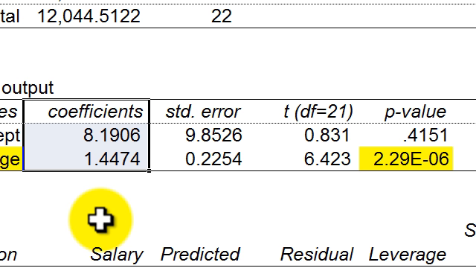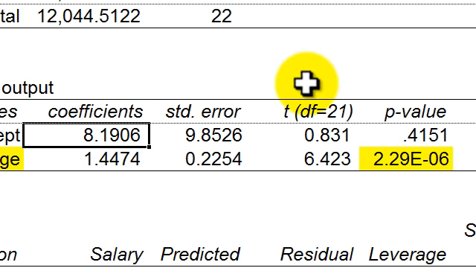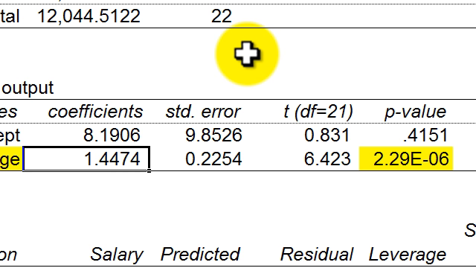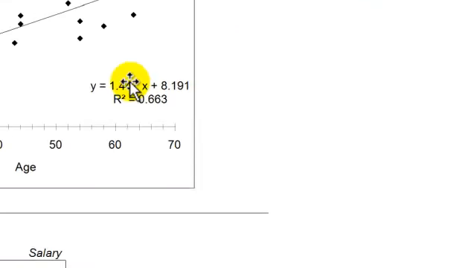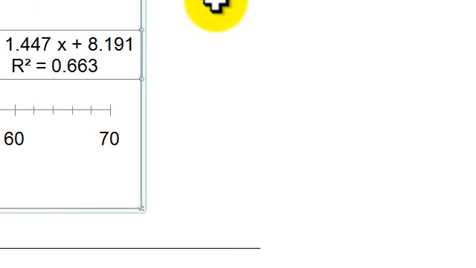So this is our intercept, 8.19, and this becomes the slope, which is the coefficient for age. These numbers are what makes up our regression equation. So we have y equals the slope times x plus our intercept.